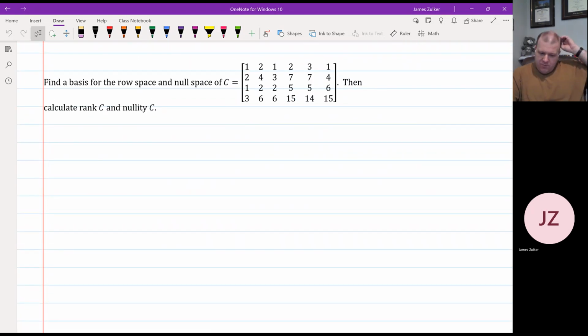So next we're asked to find a basis for the row space and the null space. And then we're asked to calculate the rank and nullity.